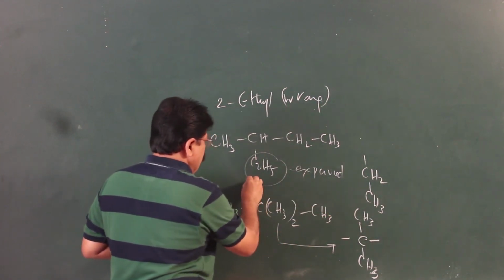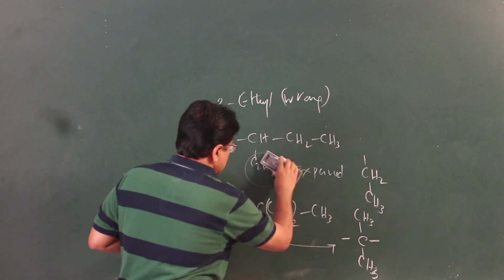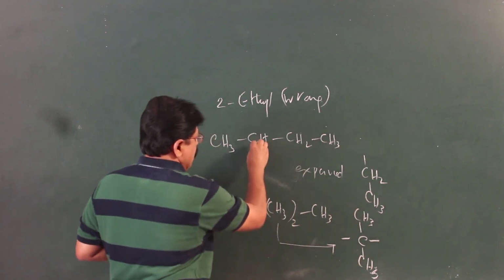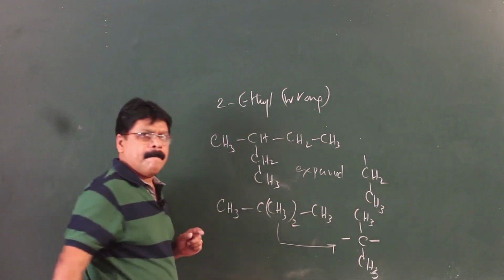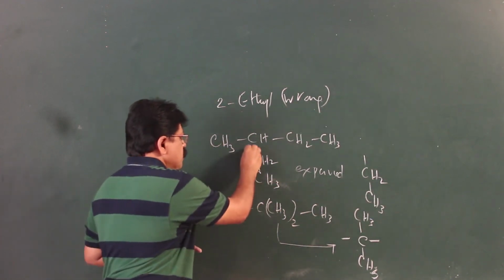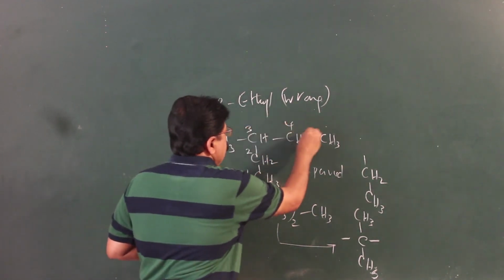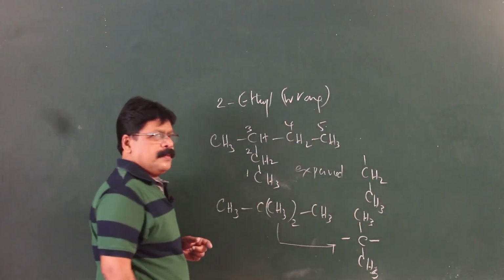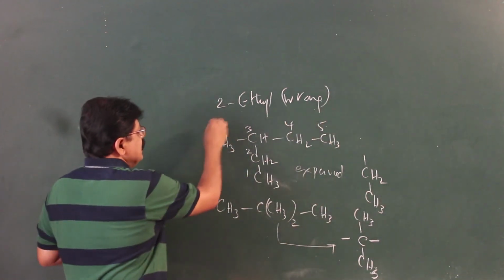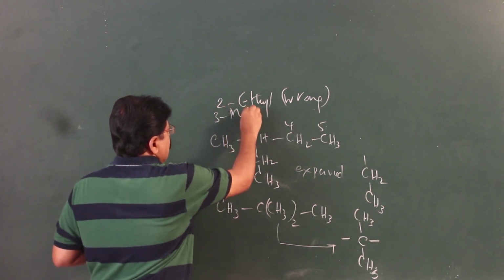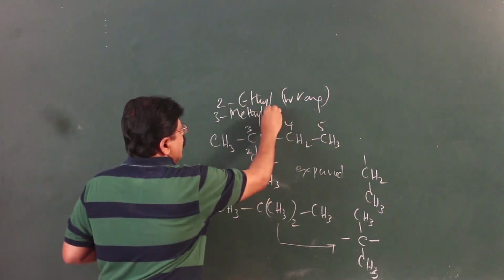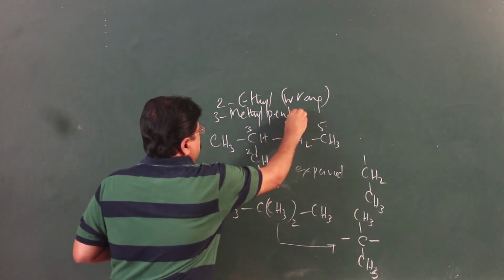So, it will be rewritten like this. 1, 2, 3, 4, 5. So, the correct name will be 3 methyl, 5 carbon, pentane.